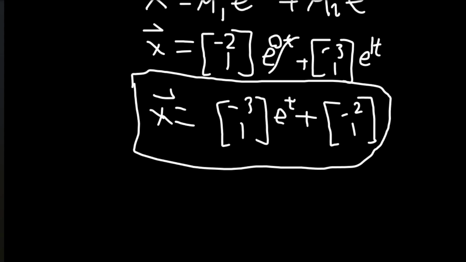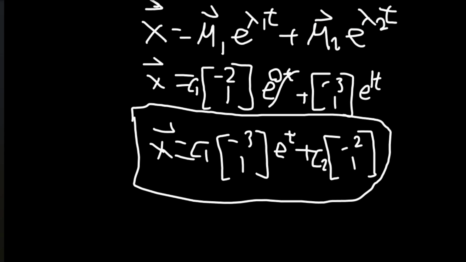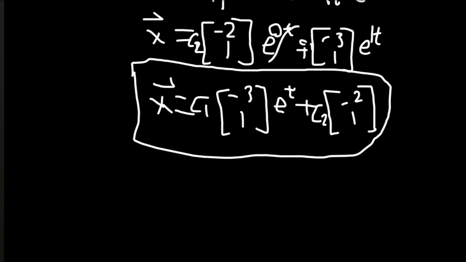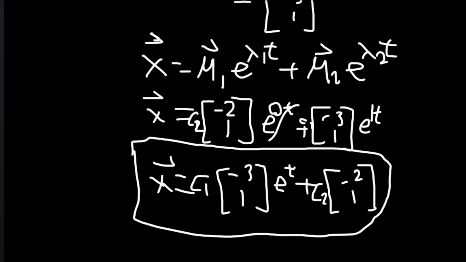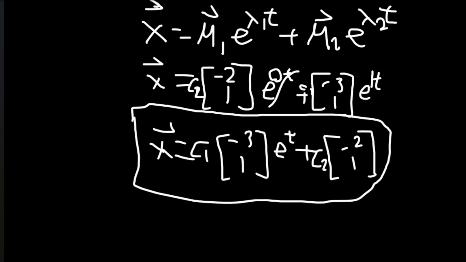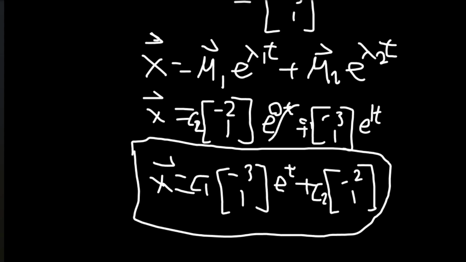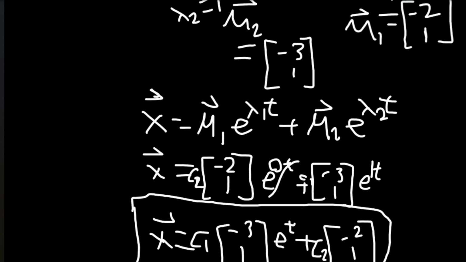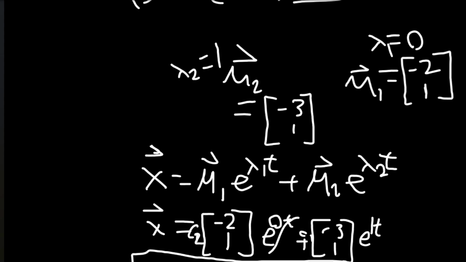This is just a general solution. I forgot to mention you should put your constants here. There should be two constants because you have two solutions. So this will be C2, and this is C1. That's also why it truly doesn't matter unless you have an IVP. But if you don't have an IVP, I think it's okay to get different answers than this.